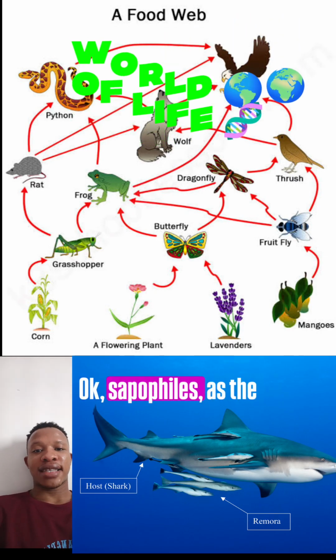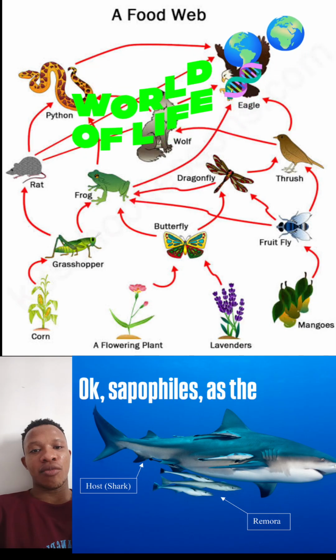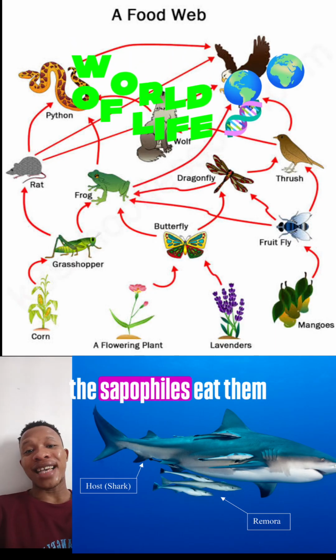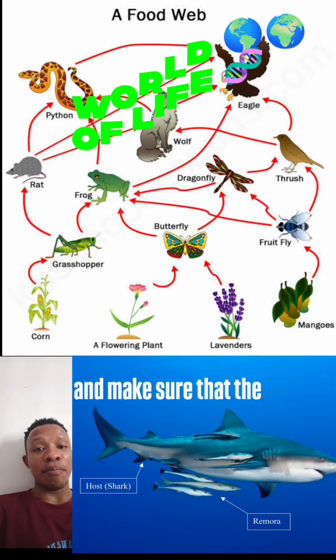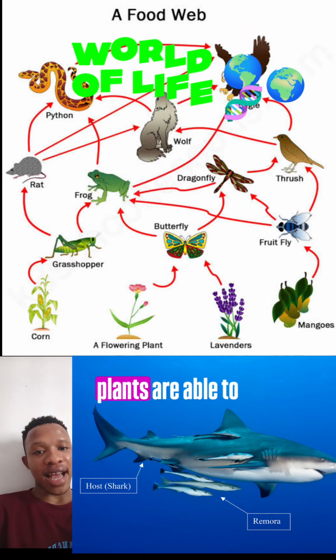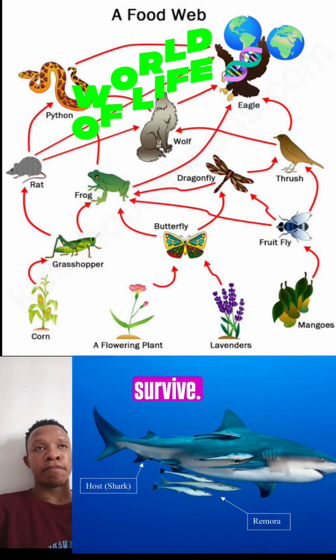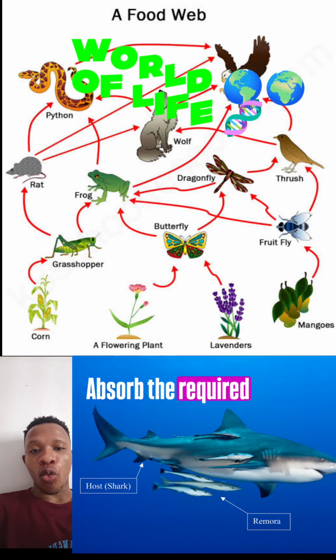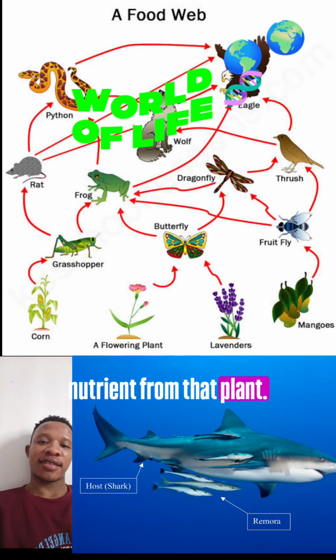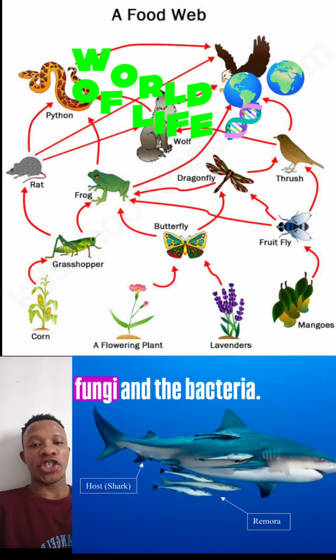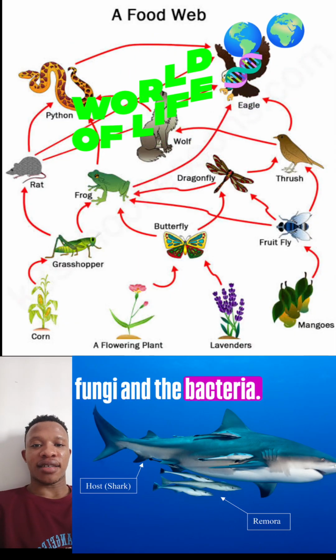As the organism dies and decays, the saprophytes eat them and make sure that the plants are able to absorb the required nutrients. Example, we have the fungi and the bacteria.